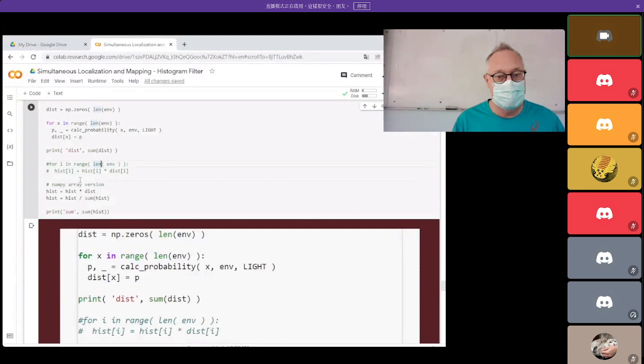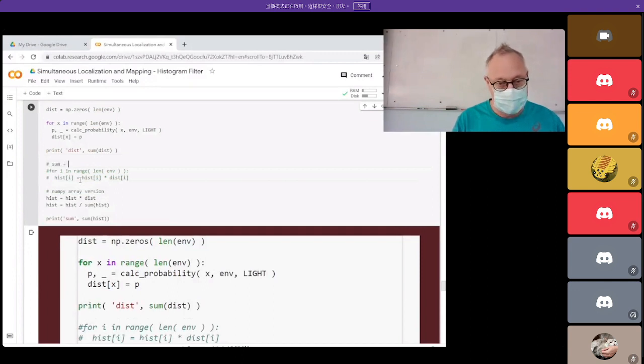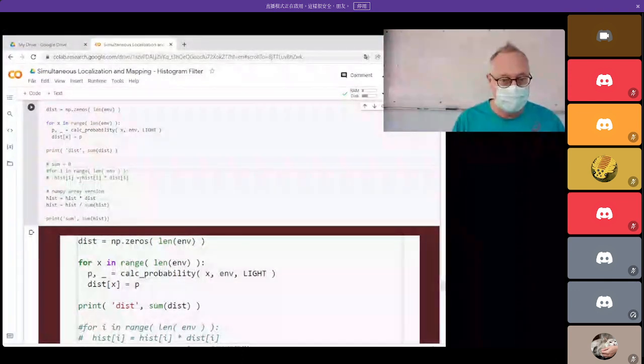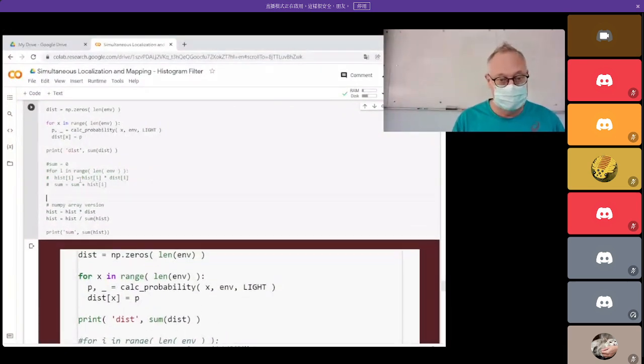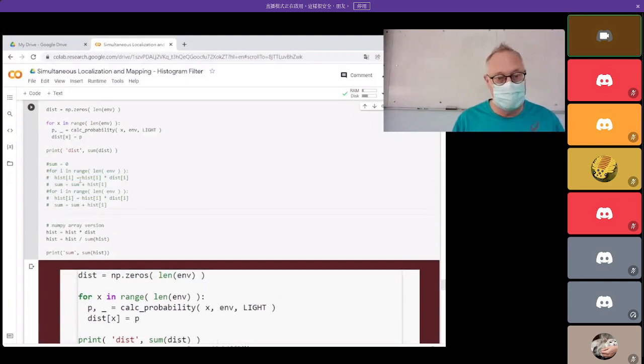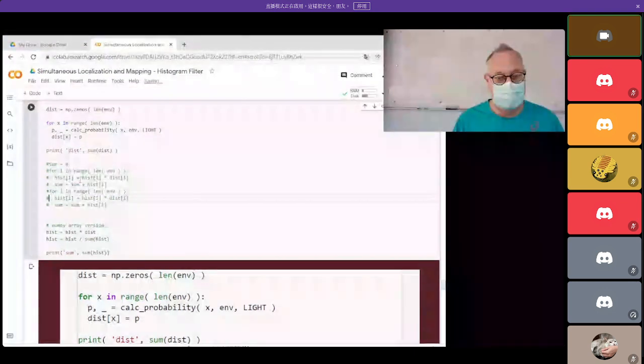Otherwise, you would need to do 2 loops through the environment.